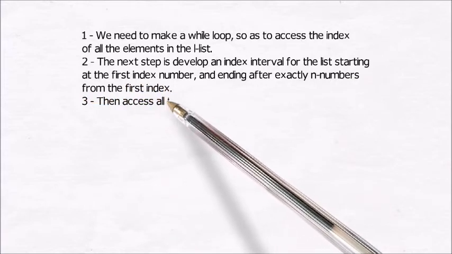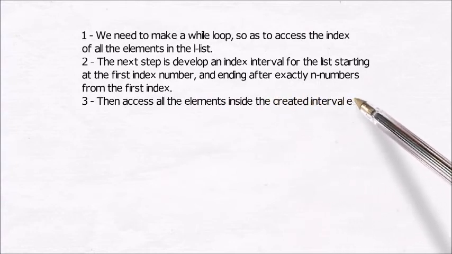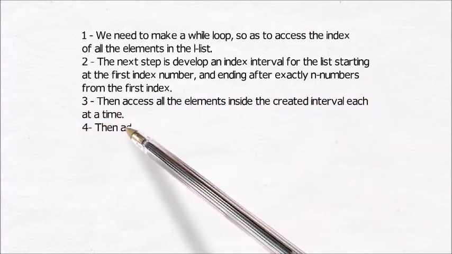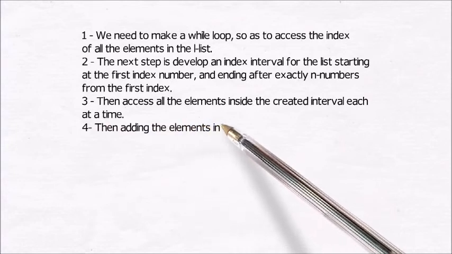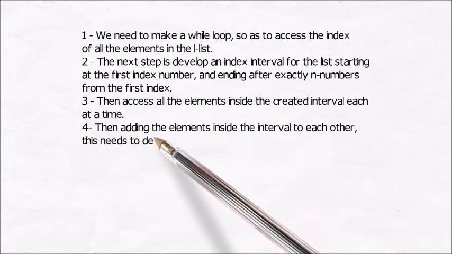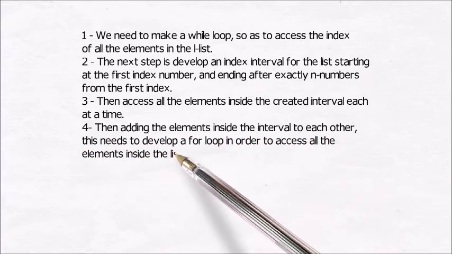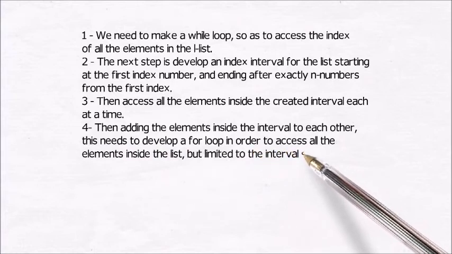Then access all the elements inside the created interval each at a time, then adding the elements inside the interval to each other. This needs a for loop in order to access all the elements inside the list, but limited to the interval size.